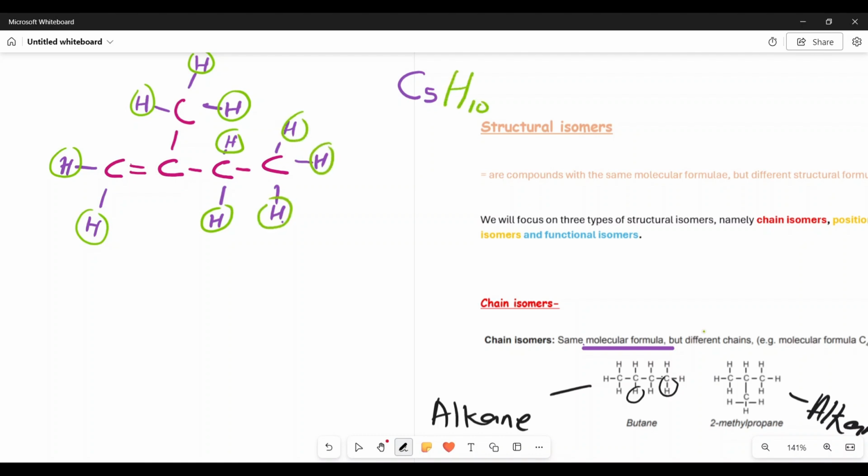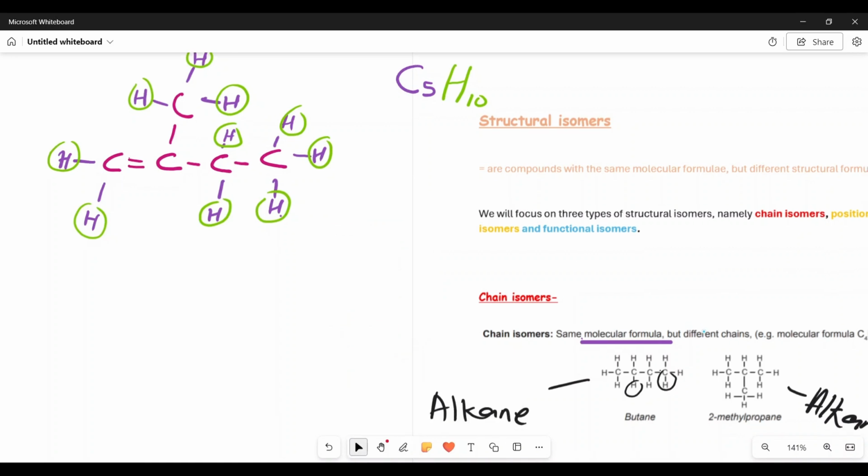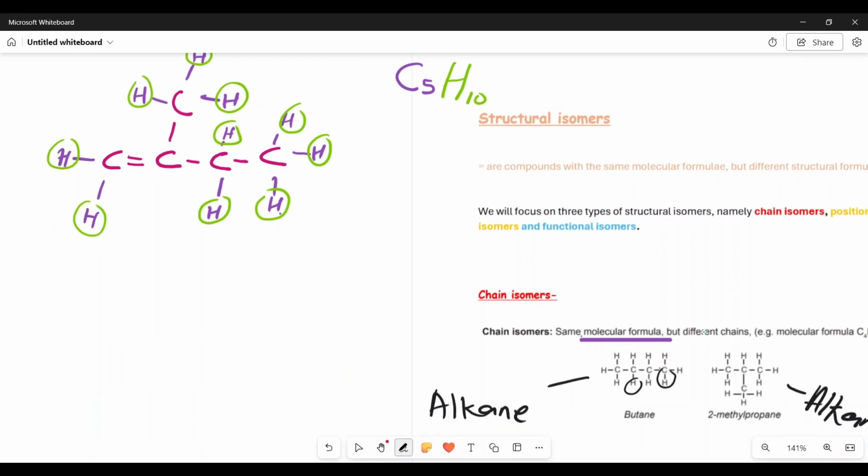Now, its chain isomers should also have the same molecular formula, but the chain should be different, remember. Now, let me try and draw down its chain isomer, which must also be an alkene. I would say, okay, still have a double bond, 2, 3, 4, and I'm going to make it a straight chain, right? So I've maintained my double bond and I've made this chain to be straight.